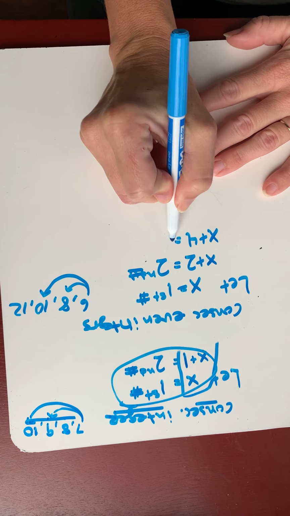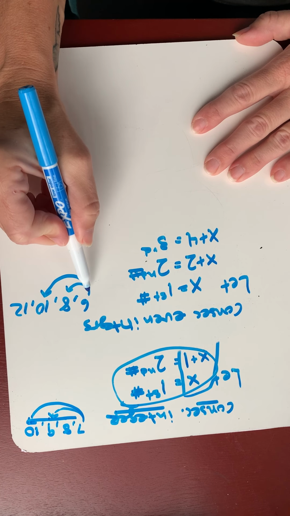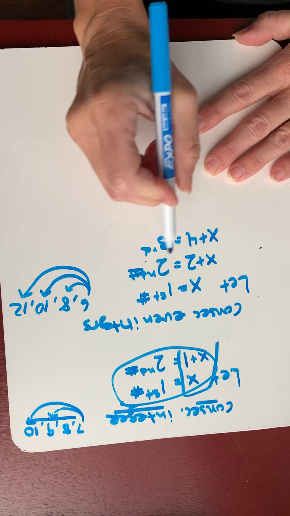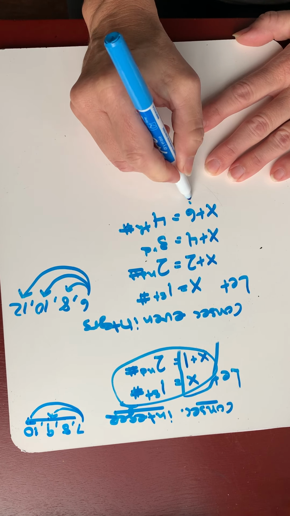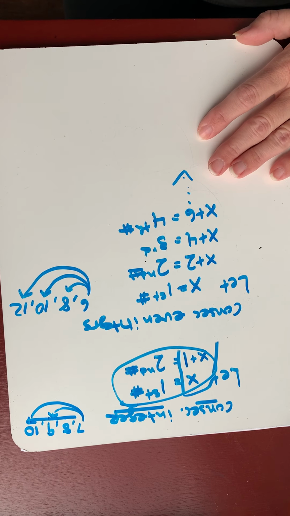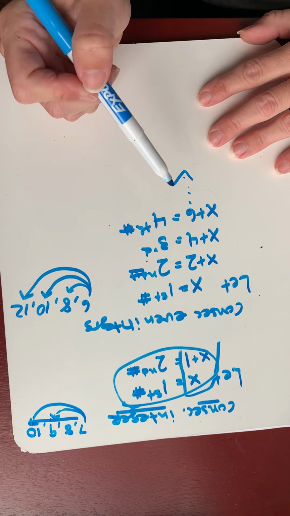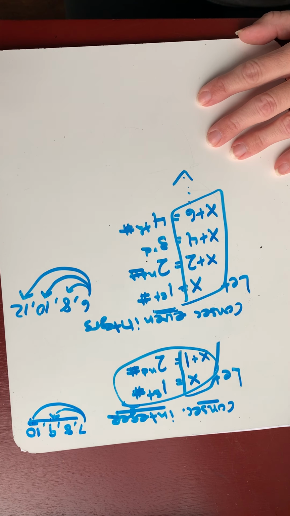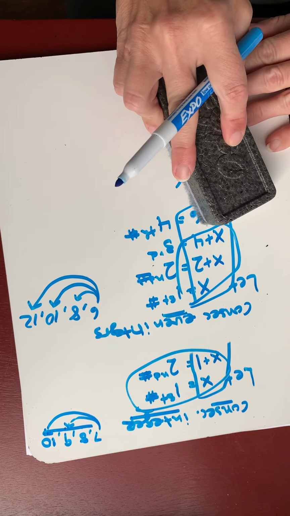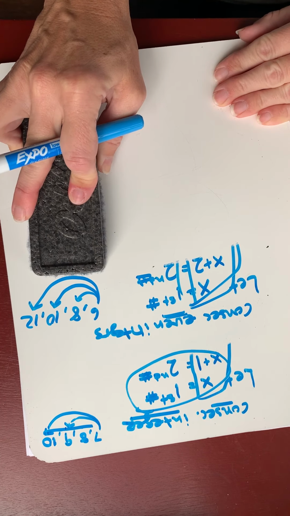I add 4. How do I get from x to the fourth number? I add 6. And so on and so on. So if my problem wants 4 consecutive even integers, I'm using these 4 variable expressions. If it wants 3, I'm only using the first 3. If it wants 2, I'm only using the first 2.